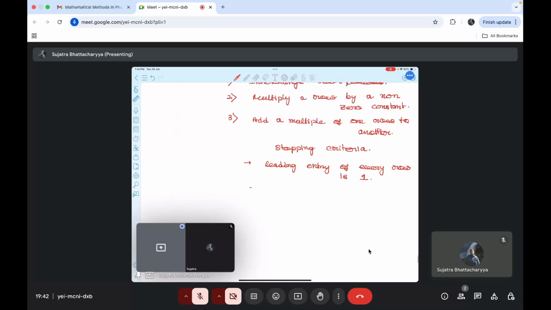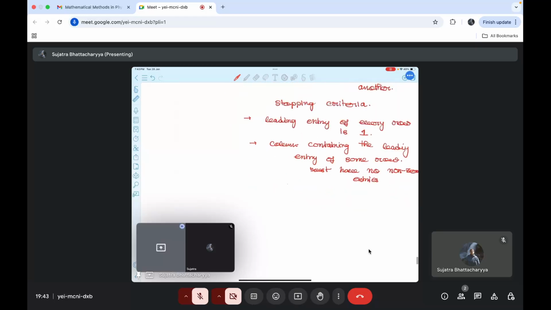Number two, the column containing the leading entries of some row must have no non-zero entries, that means zero entries.